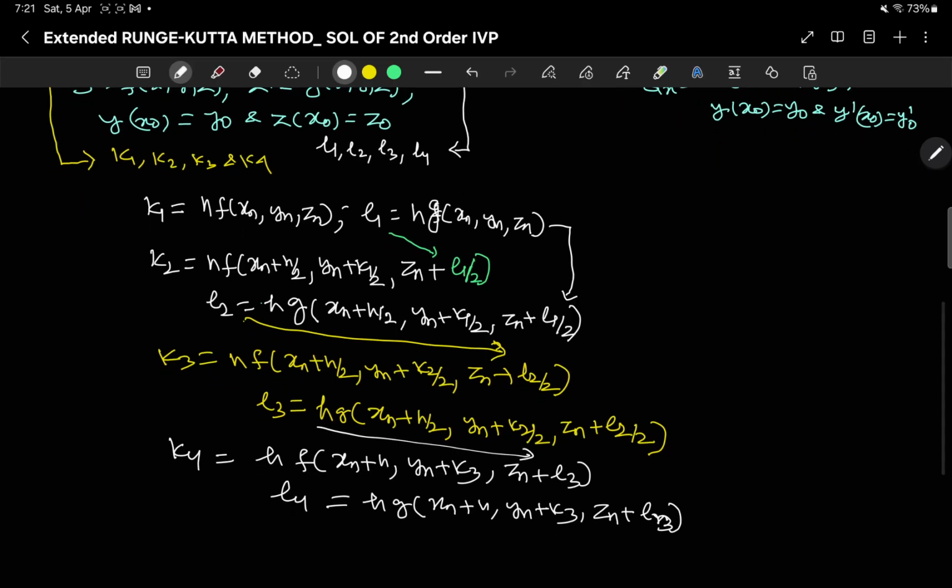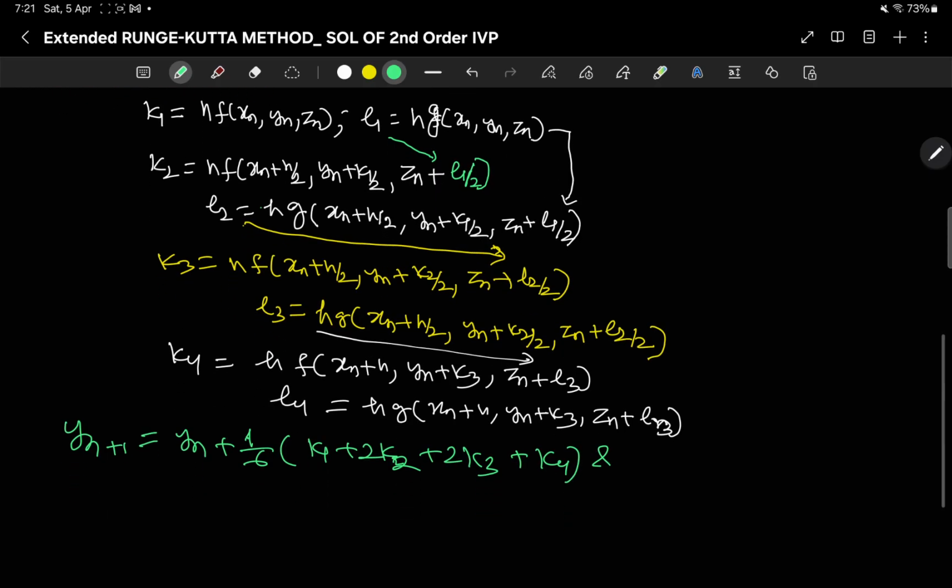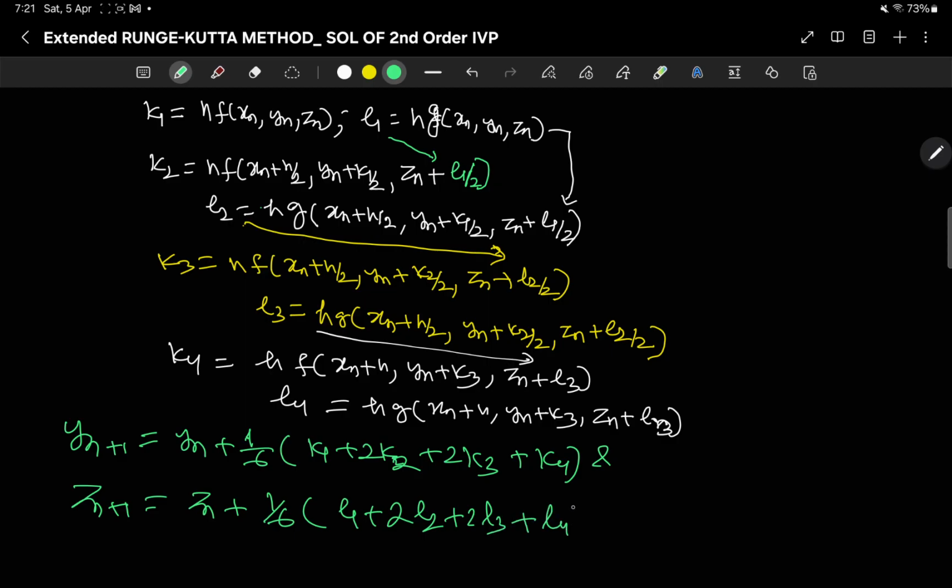With this you compute now y(n+1) = y(n) + 1/6 (k1 + 2k2 + 2k3 + k4), and z(n+1) = z(n) + 1/6 (L1 + 2L2 + 2L3 + L4), with n greater than or equal to 0.